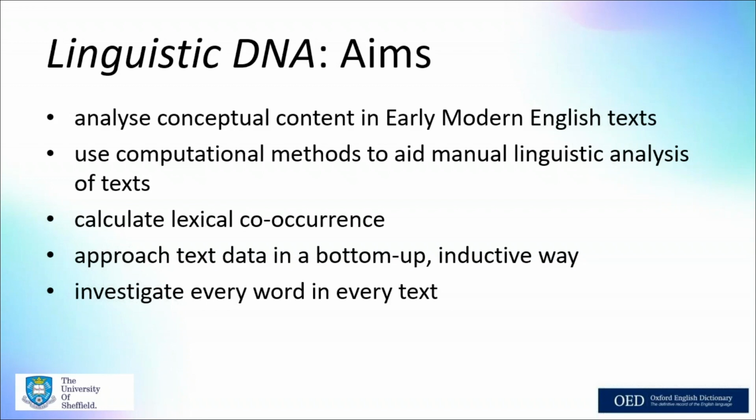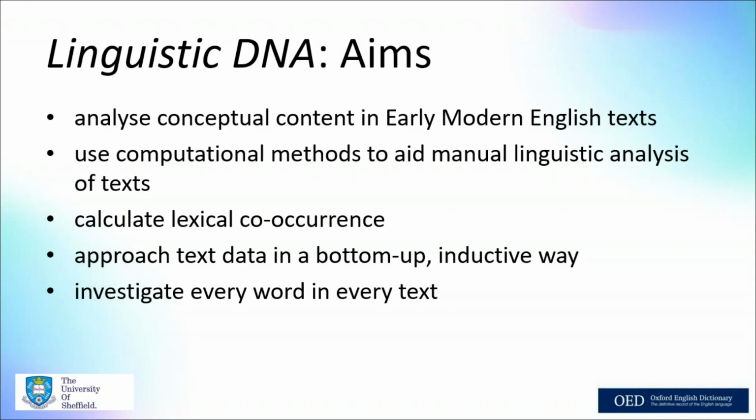And we wanted to do that in a bottom-up, relatively inductive way by looking at lexical co-occurrence, which I'll talk more about, looking at lexical co-occurrence for all words in all texts. Rather than seeding the process with words that we knew in advance would be interesting. So that means investigating every word in every text. Part of the reason for that is that this grew out of an idea for a project to look at social and cultural keywords in early modern English.